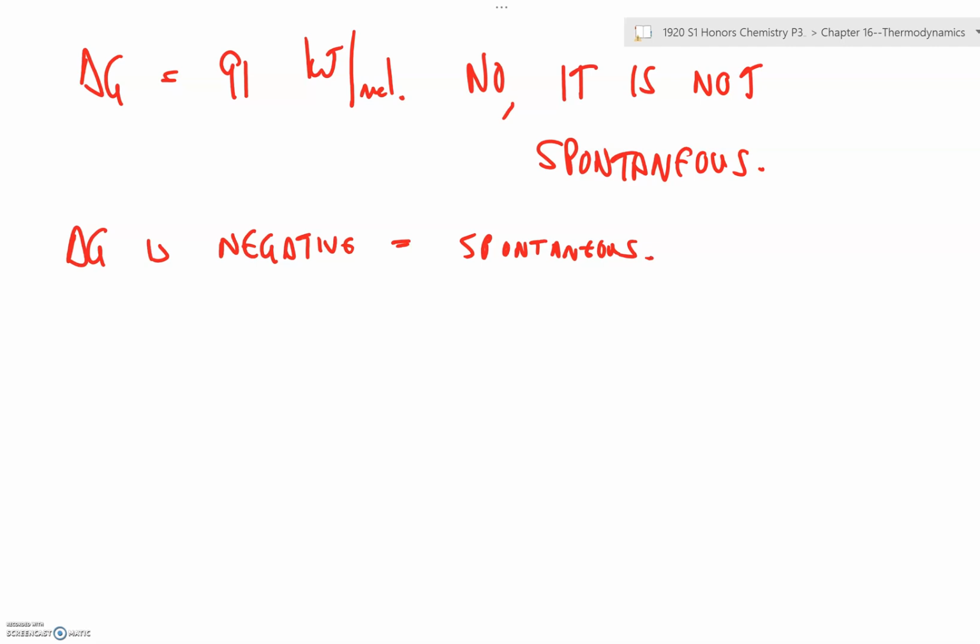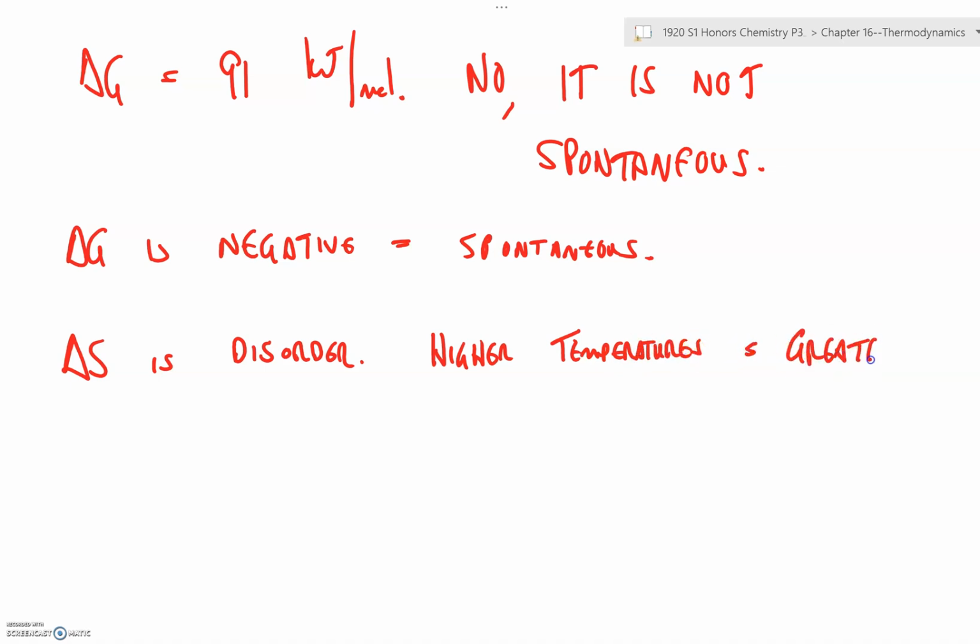Let's remember that we said that delta S is disorder, and that higher temperatures of course mean greater molecular movement.